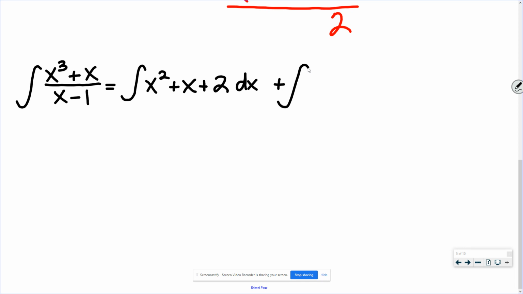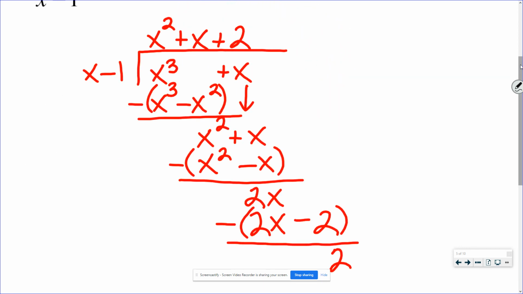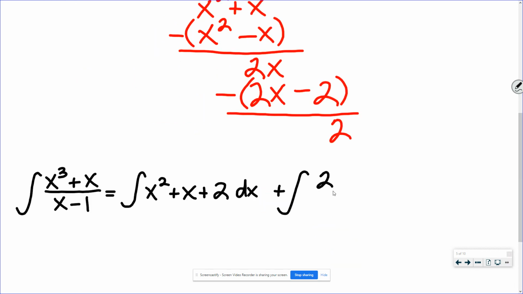So the remainder was 2, right? Well, when you have a remainder, that represents a piece of the whole that you were dividing by, and we were dividing by x minus 1. So we are going to write that the remainder would be over the divisor, which is x minus 1.